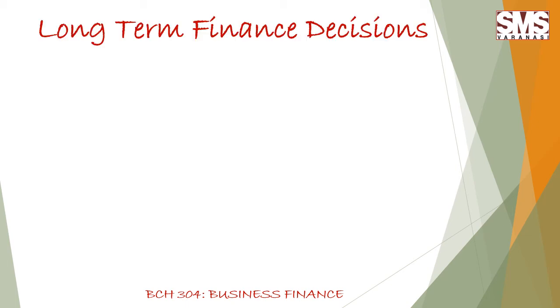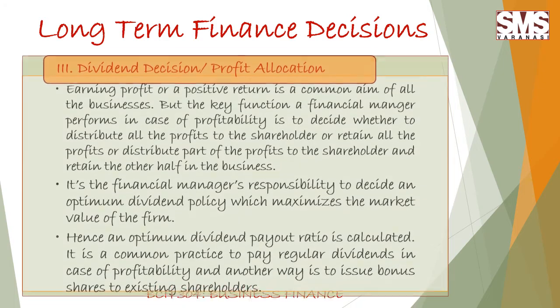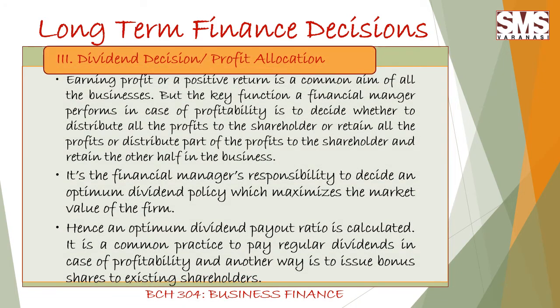The third major financial decision relates to the dividend decision or profit allocation, that is related to the disbursement of profits back to the investors who supplied capital to the firm.